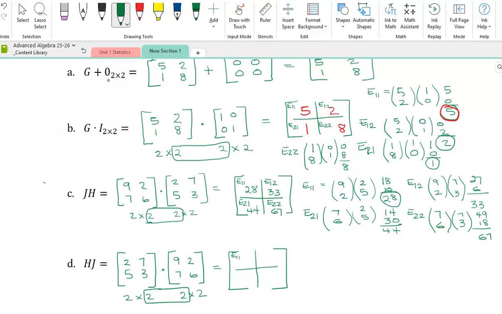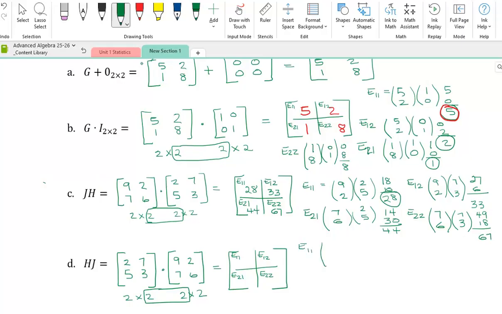So E11, E12, then E21 and E22. Yeah, it's called rushing. Don't rush. All right, here we go.